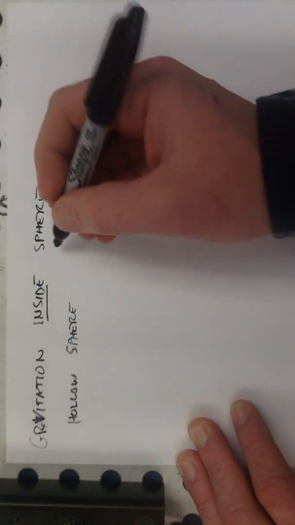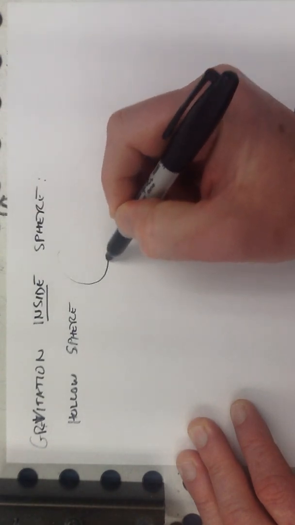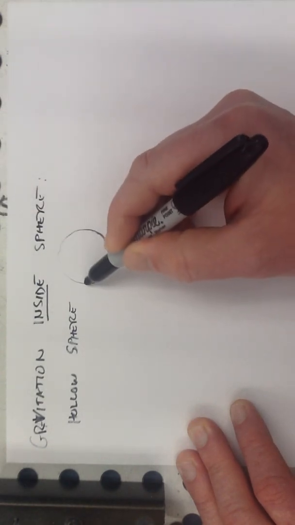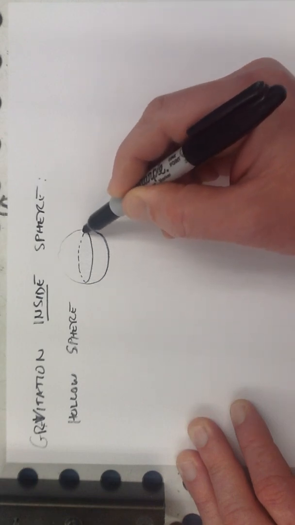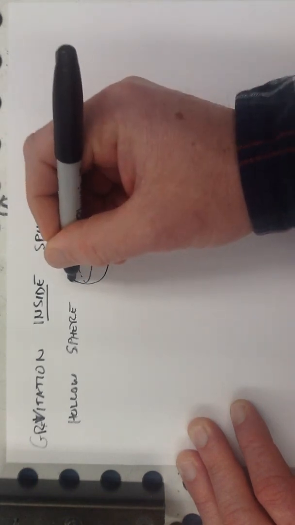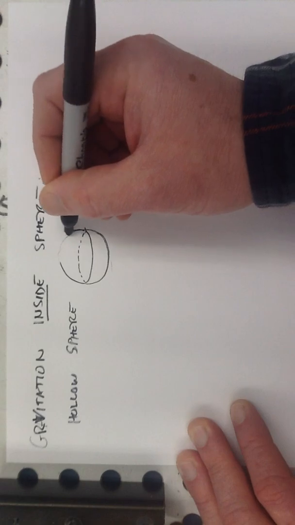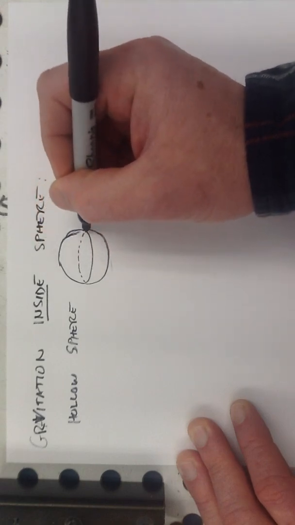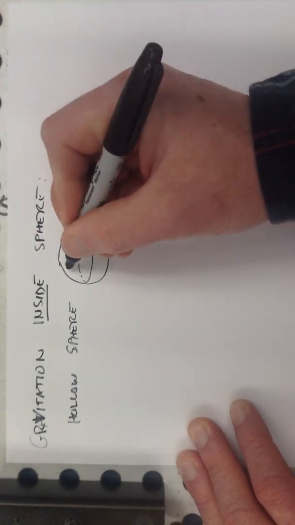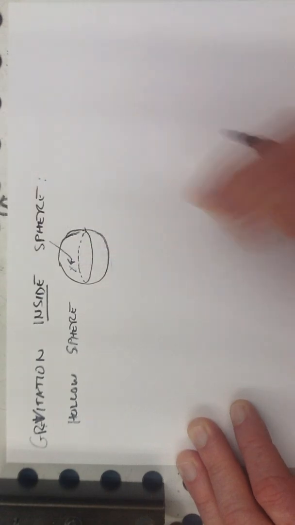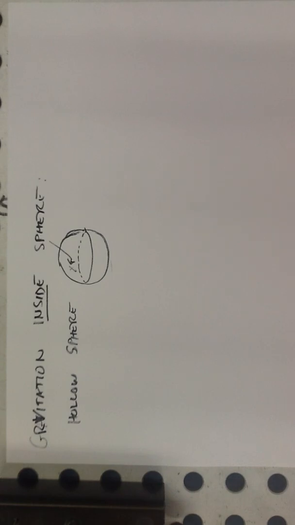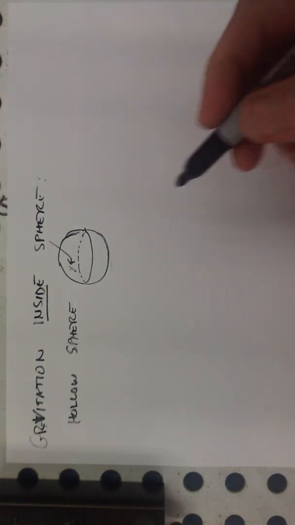Inside a hollow sphere, imagine that there was like a giant ping pong ball, and all of the mass of it was basically this big shell, and you were at some location on the inside. How much gravitational pull would you feel?